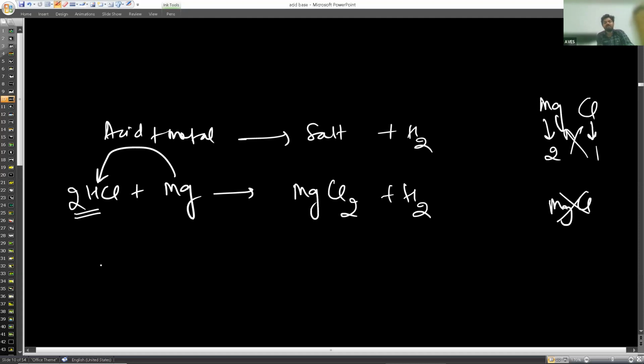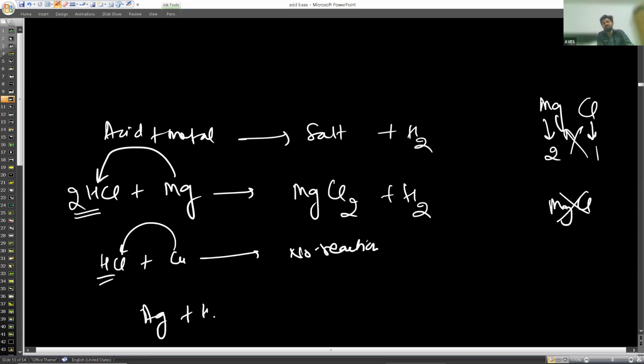But if I ask you that you have HCl and you start reacting it with copper, there will be no reaction. Why? Because copper is less reactive than hydrogen, so it will not displace. Like for example, if you have Ag and you have H2SO4, there will be no reaction. Why? Because Ag comes below hydrogen. It is not more powerful than hydrogen, so it will not displace. Simple. Understood?